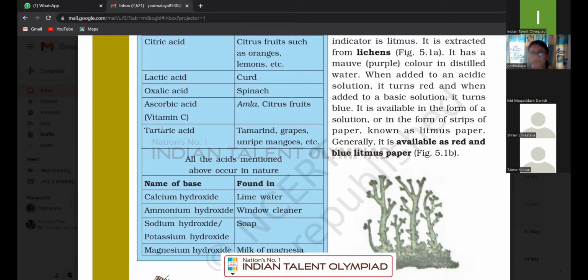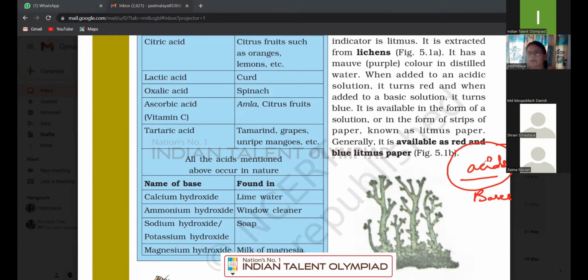This is a very, very important part, ma'am. I'll say two different types of things here: acids and bases. We have a type of acid called hydrochloric acid, which is naturally produced in your stomach itself.